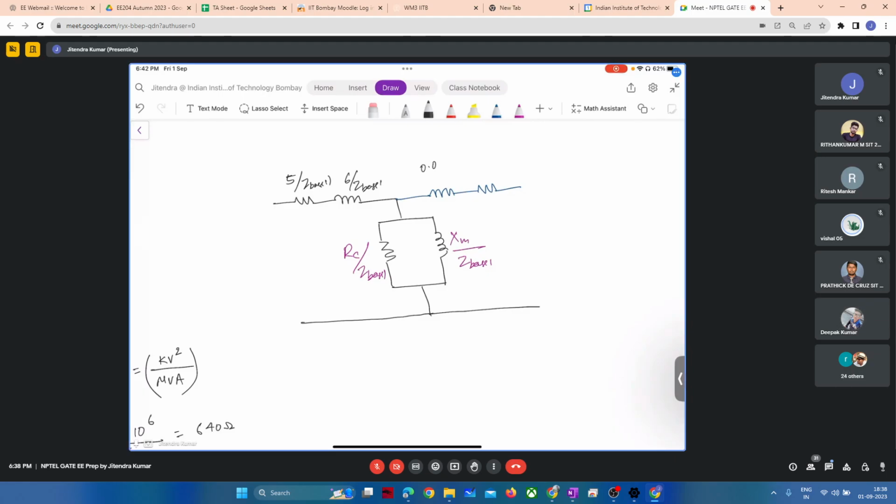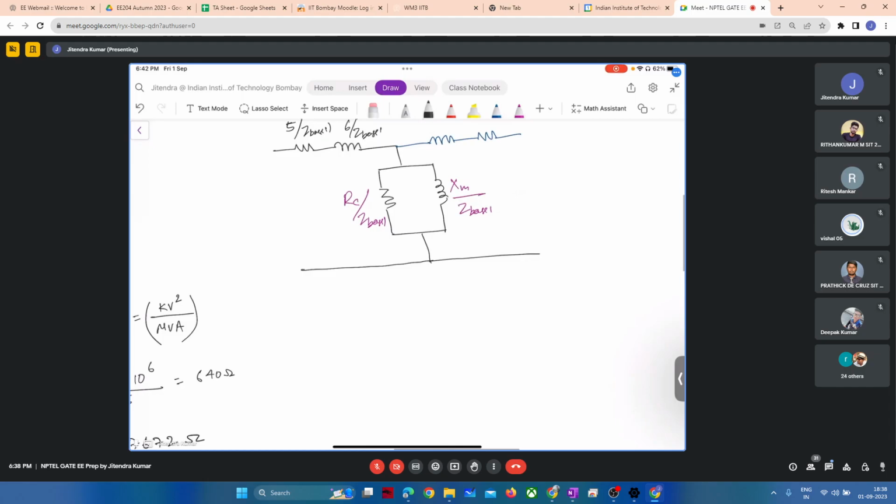Yeah, because see, Z is equal to R plus jX. Let us suppose this is R actual, X actual. Now you need Z per unit. For that, you need R per unit plus jX per unit.